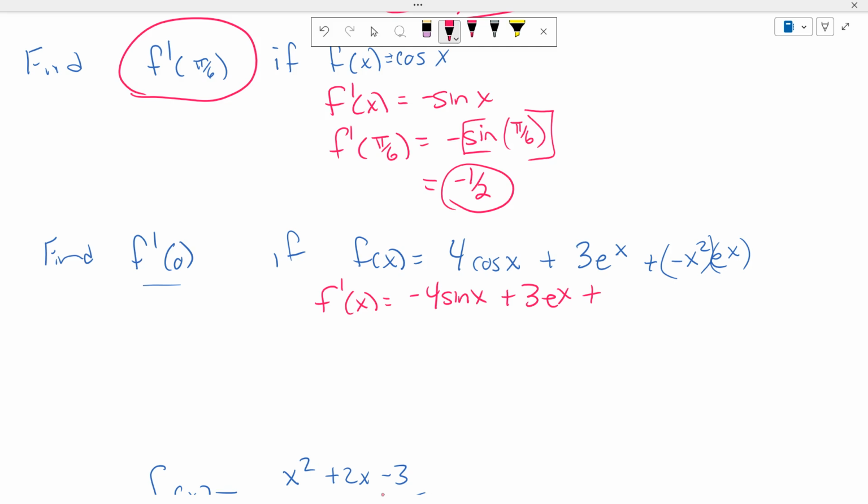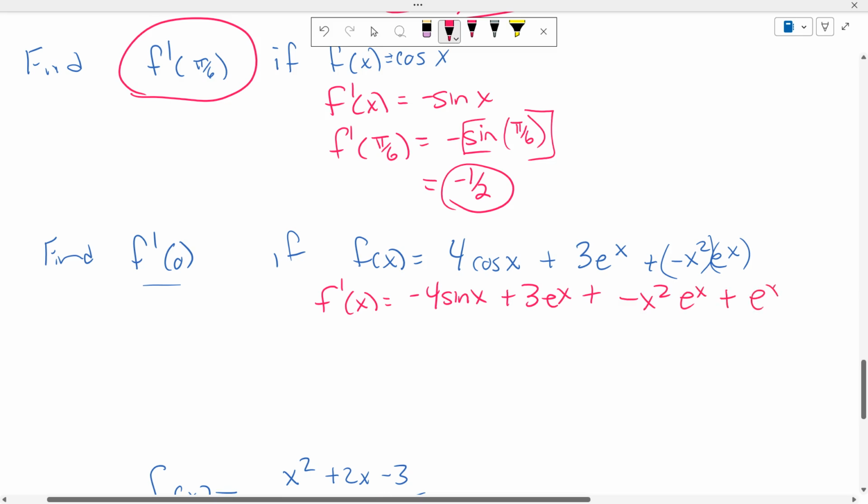Product rule. So negative x squared. What's the first derivative of e to the x? E to the x. Plus e to the x times the first derivative of negative x squared. Negative 2x.